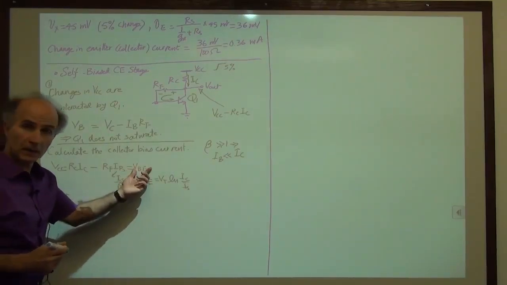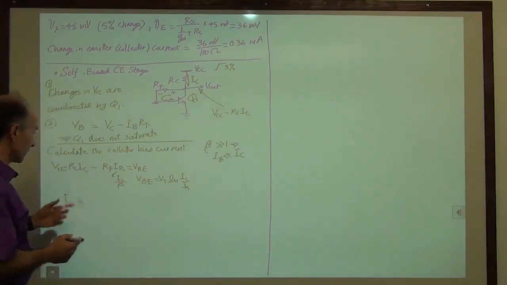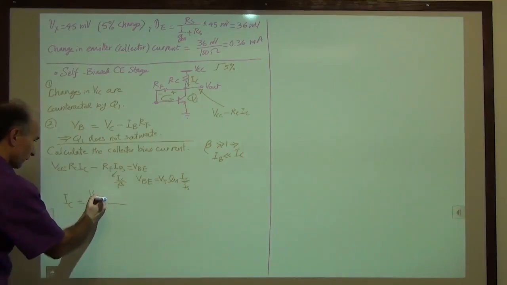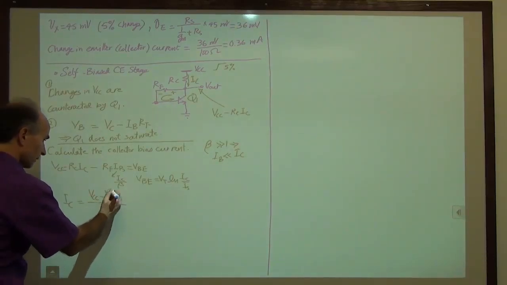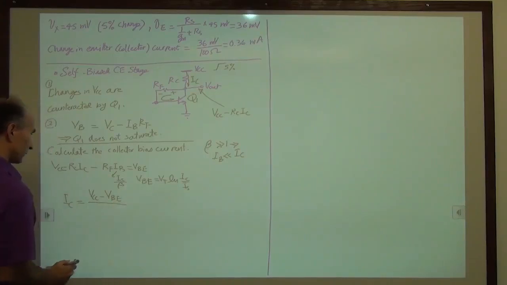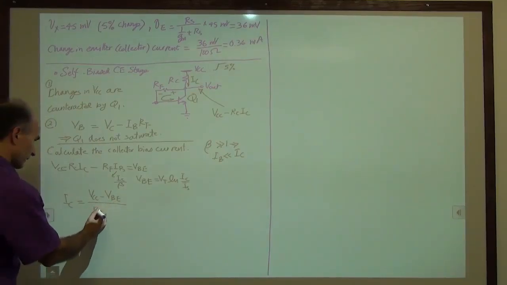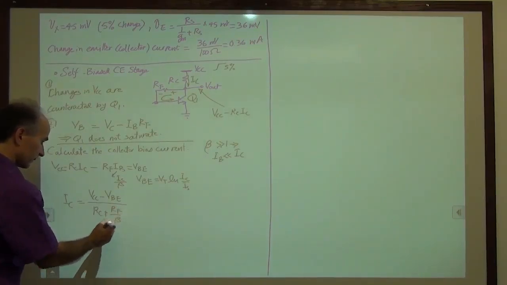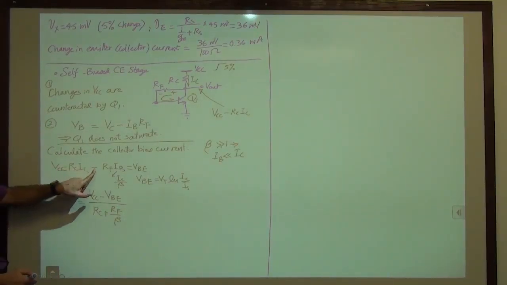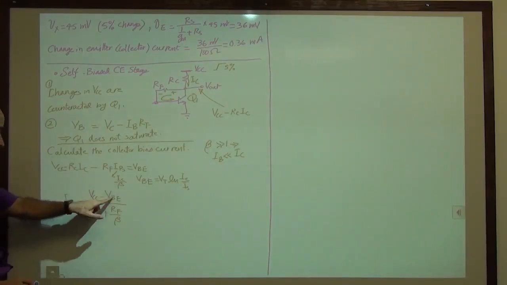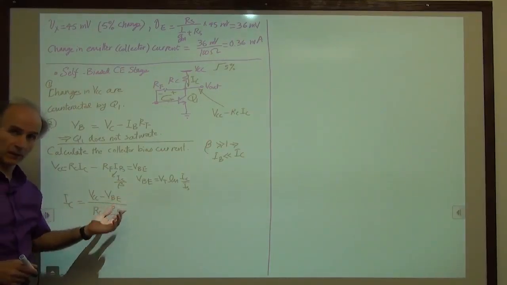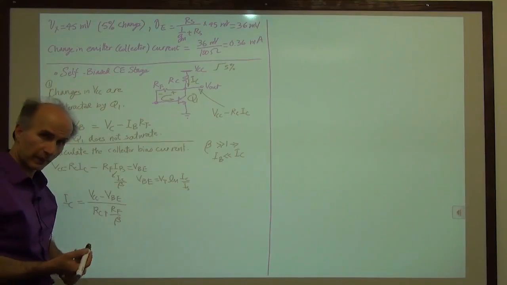If I assume VBE is relatively constant and well known, I can rewrite this equation in the form of VCC minus VBE divided by RC plus RF over beta, right? So RF over beta plus RC, and that VCC minus VBE. So this is a quick estimate, assuming that VBE is relatively known to some approximation.